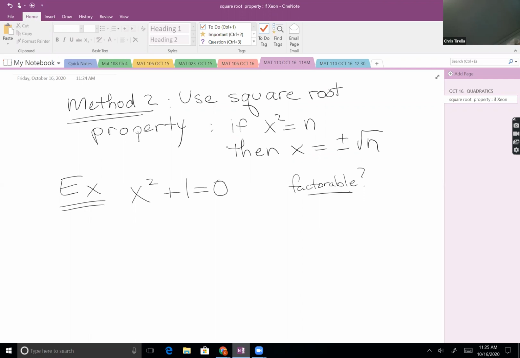Can I factor that binomial? Two terms, nothing in common. They're both perfect squares, but there's a plus sign in the middle. So this one I cannot factor. So I'm going to try to use the square root property.